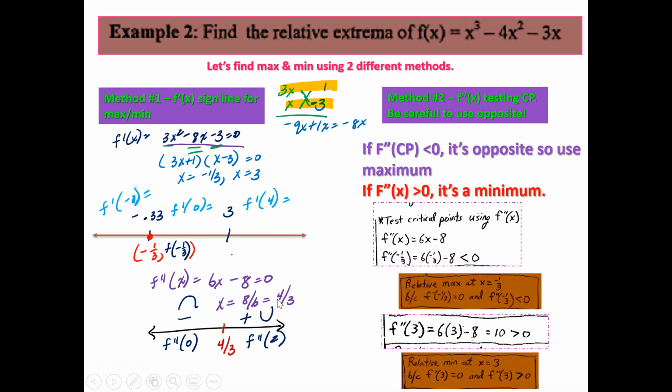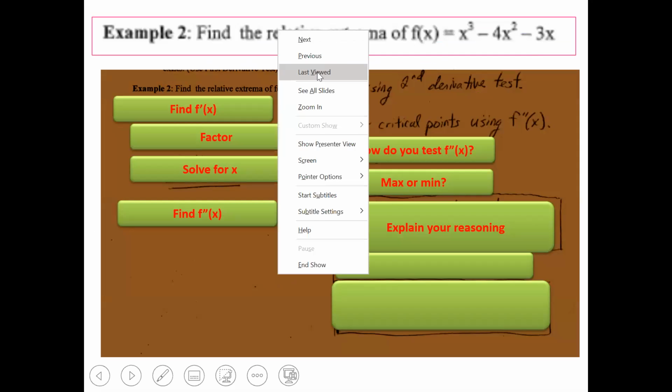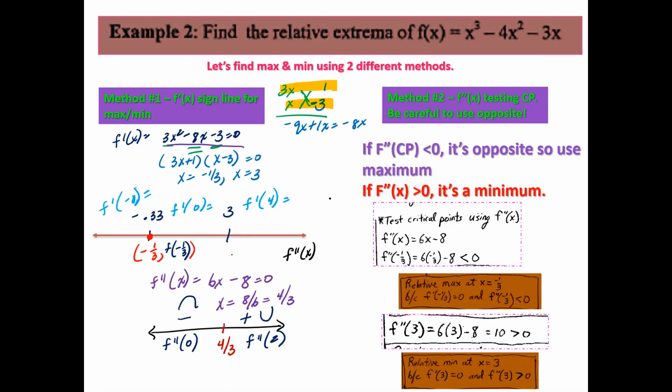So then what you can go ahead and write about this is you could say that the concavity of f double prime of x is concave up at 4/3 to positive infinity because f double prime of x is greater than 0.